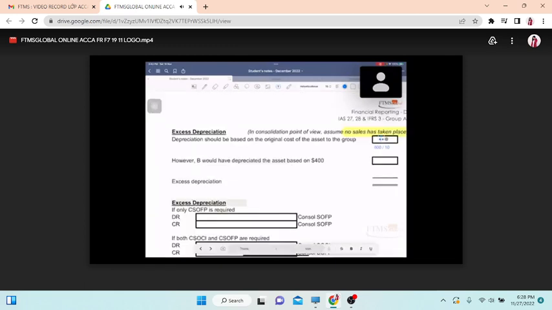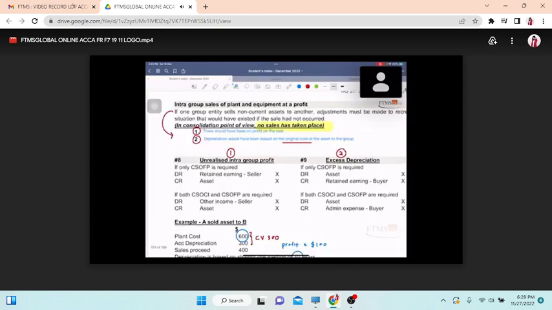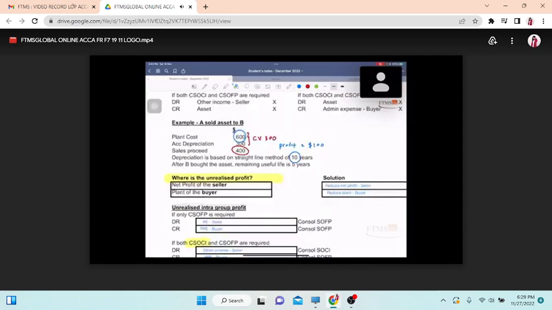But we have one problem, because B would have depreciated based on 400. 400 is the price that he has paid. In B's account, he will definitely calculate depreciation based on the price he has paid, 400, and the remaining useful life, 5 years.